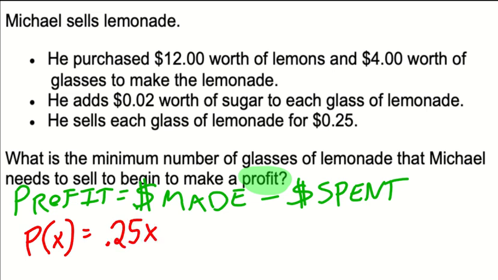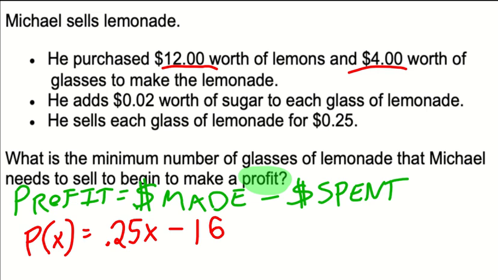Everybody's good with that, right? That's how much money he's making. Now we need to subtract the money he's spending, okay? What he's spending is $16. Everybody good with that part? $12 worth of lemons, $4 worth of glasses.